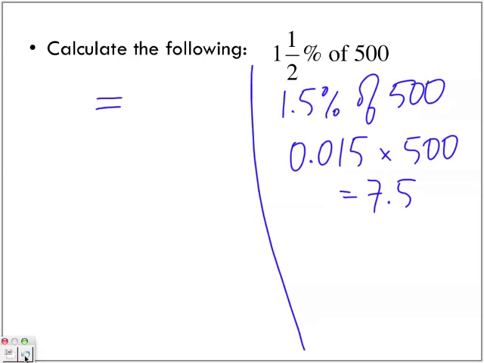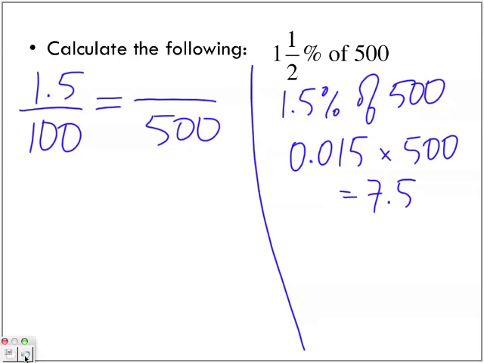So what are we going to write? 1.5 over 100. Very good. Now, on the right side, we have to put the 500. Are you going to put it in the numerator or in the denominator? The denominator. What are we going to put in the numerator? The variable x. We can put a, we can put b, we can put whatever letter we like.